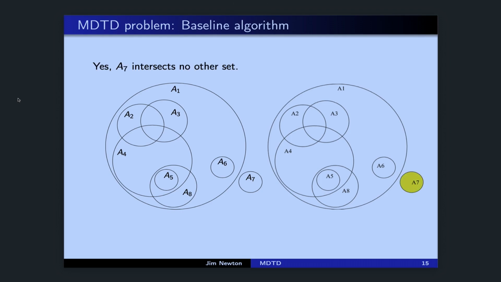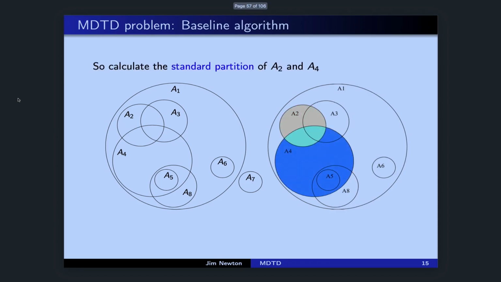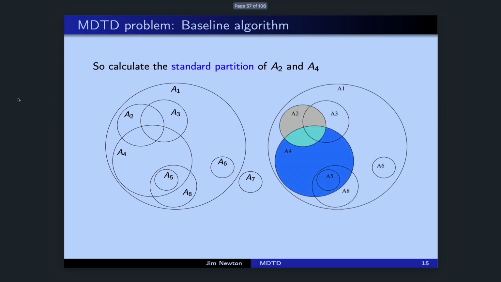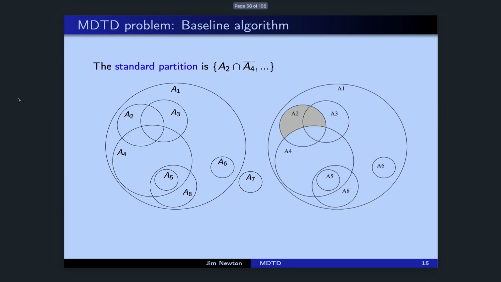We ask, are any of the types already disjoint with any of the rest? If so, we remove that from the set and continue again. Is there anything disjoint? No. That means every type intersects something else, because if it didn't, it would be disjoint. So we take any type, ask what does it intersect with, we find something it intersects with, and the intersection is this region in between.